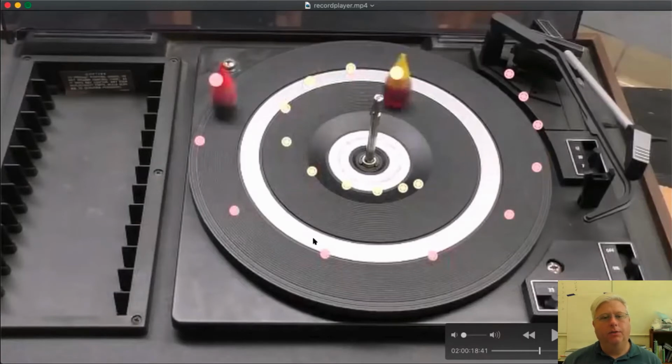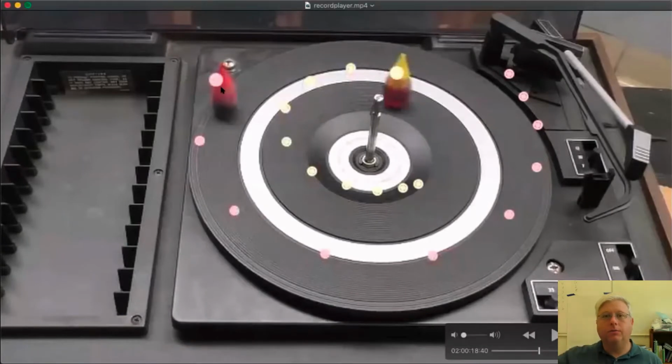They're essentially equal spacing after it's done accelerating, and the same thing with the yellow, but the yellow dots are a lot closer together. Okay, so the yellow is actually moving slower than the red, right?